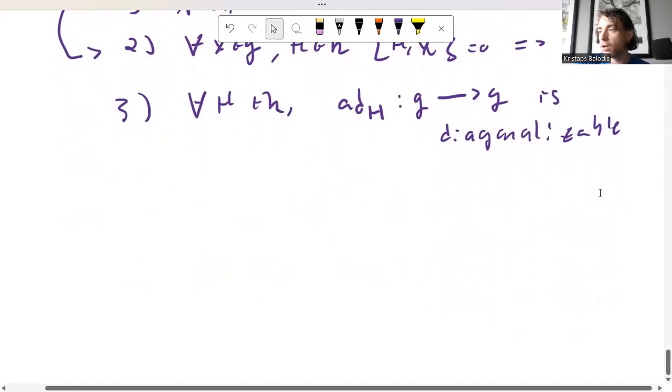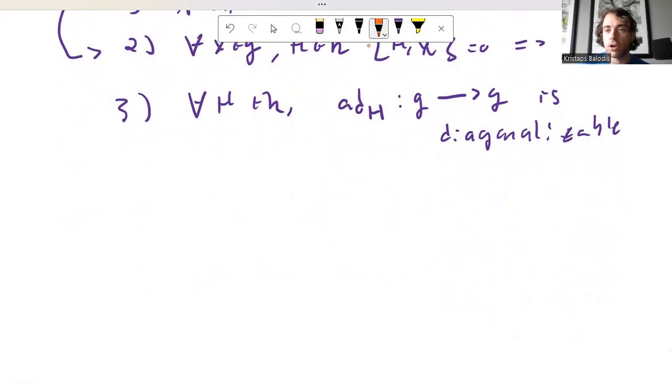And we finish off with a final theorem about the structure theory.